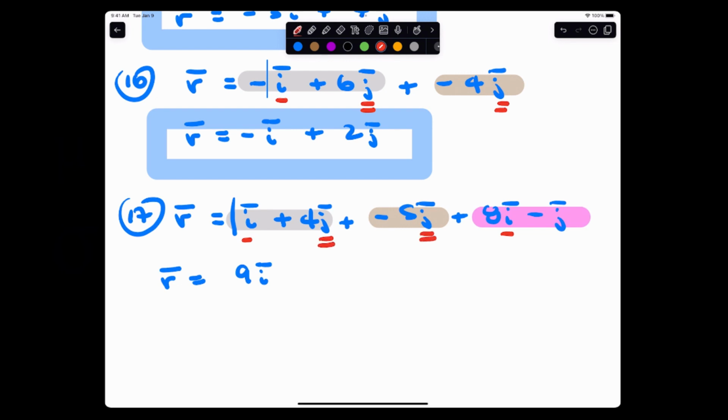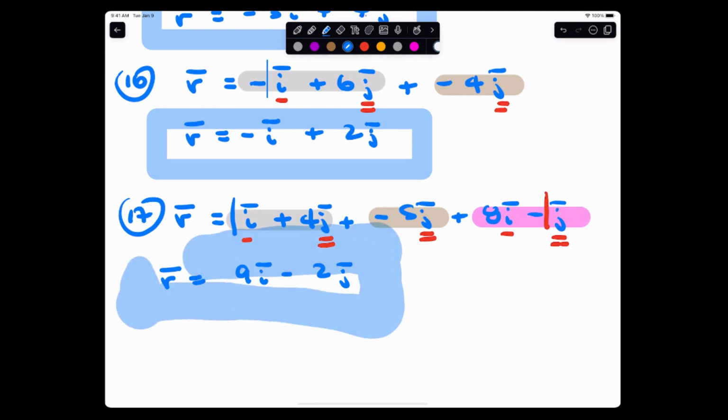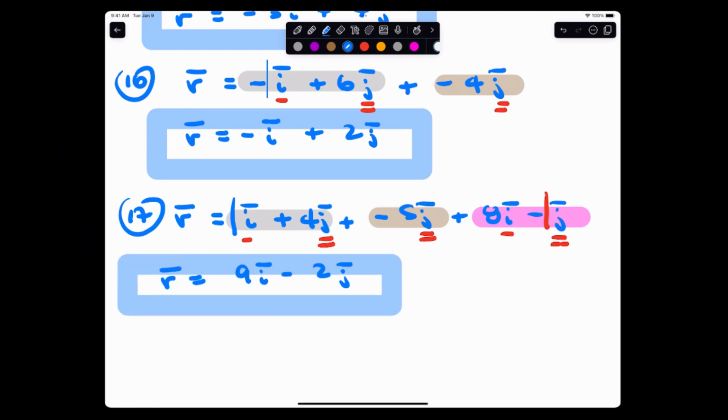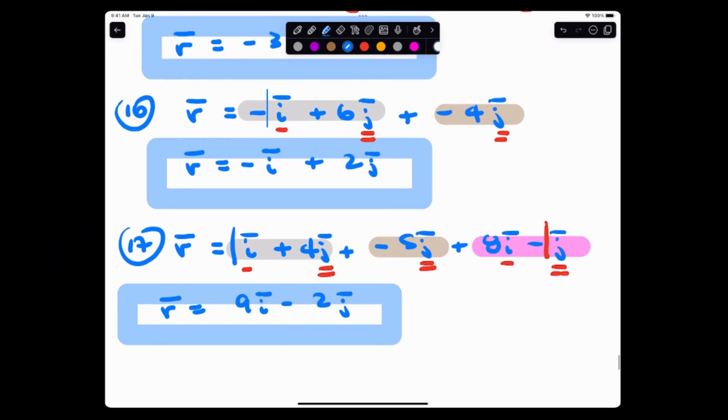4j minus 5j minus 1j. What does that give you for your j's? 4 minus 5 minus 1 is minus 2j. So if they give you 3 vectors, what could you guys do? You add them, and again, this is why you care about the ij form. Double check.